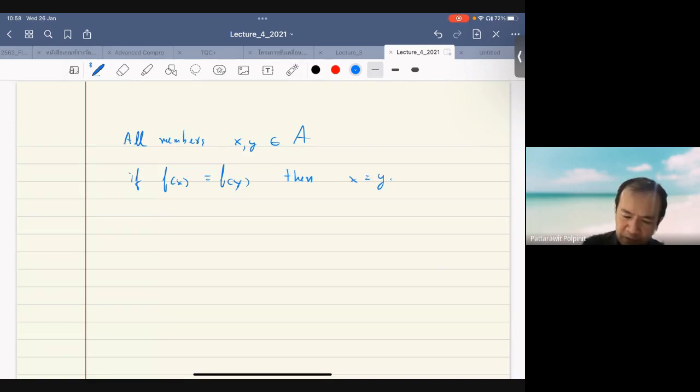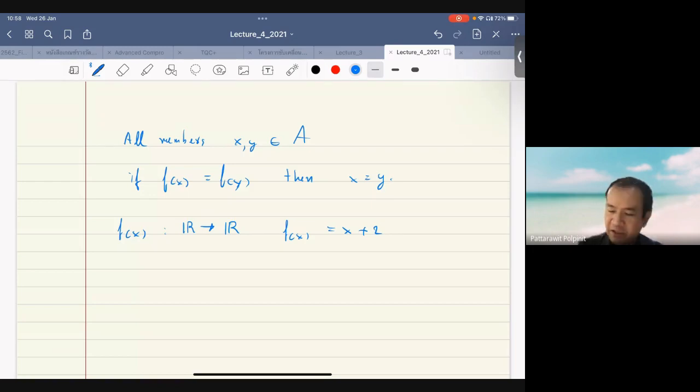For example, let's say f of x, from real numbers to real numbers, is equal to x plus 2.